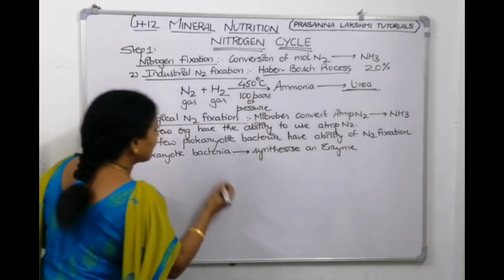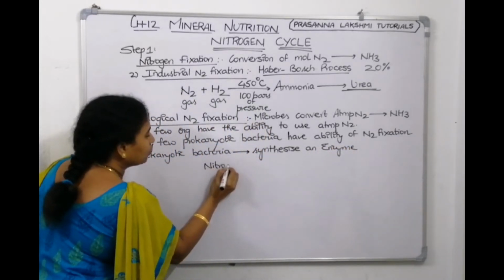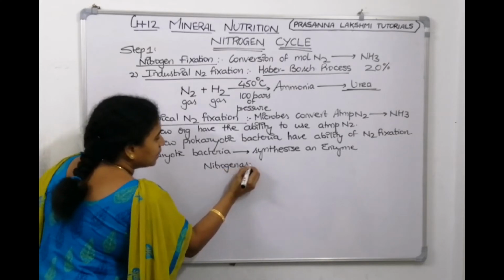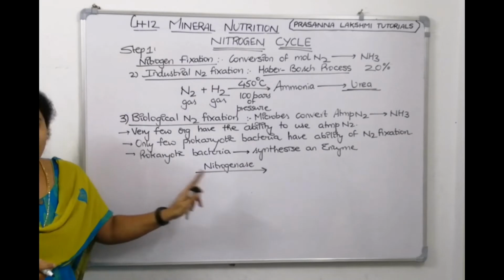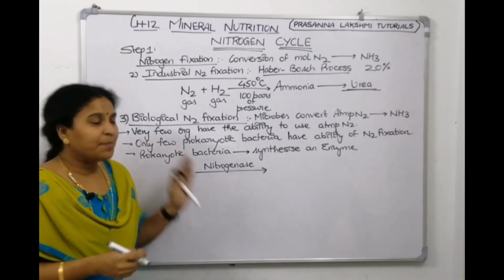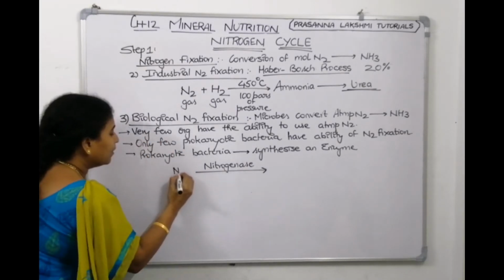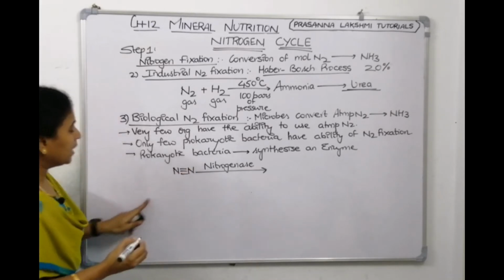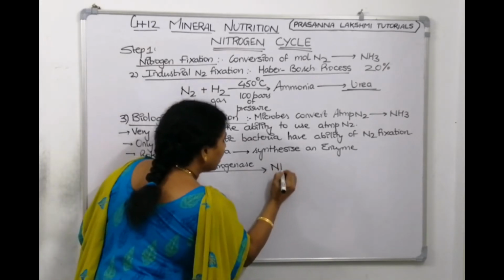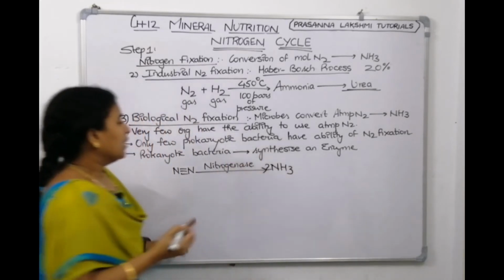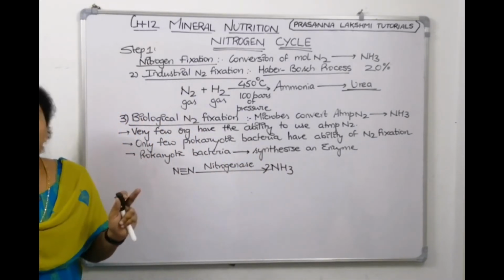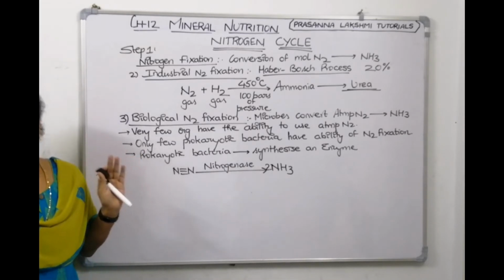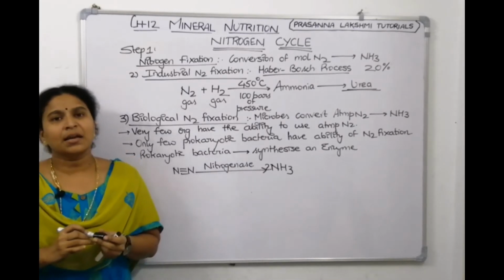What is that enzyme called? Nitrogenase. This nitrogenase enzyme, which is synthesized by the bacteria, has the ability to convert nitrogen into ammonia, and only bacteria can produce it.